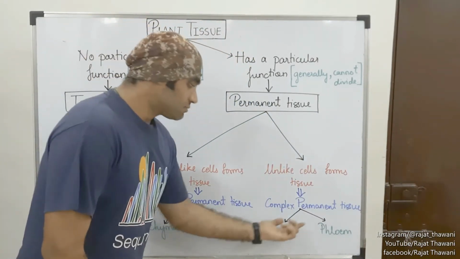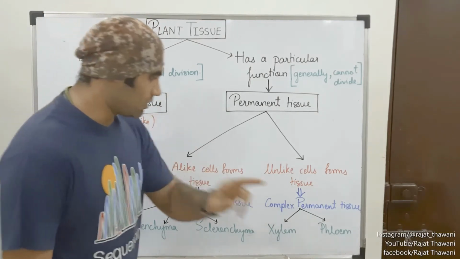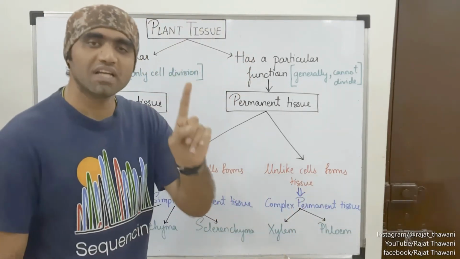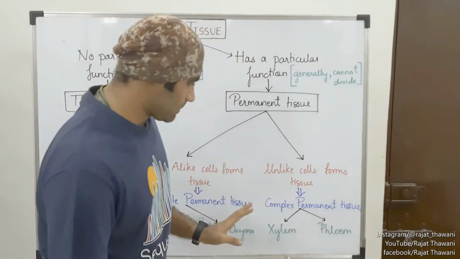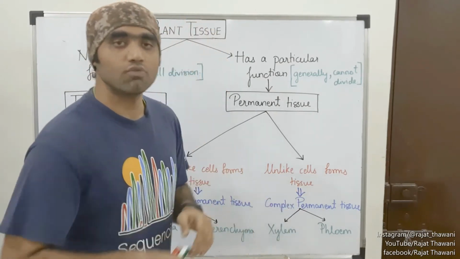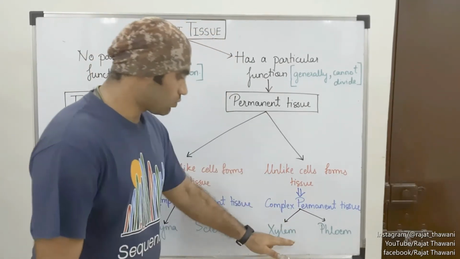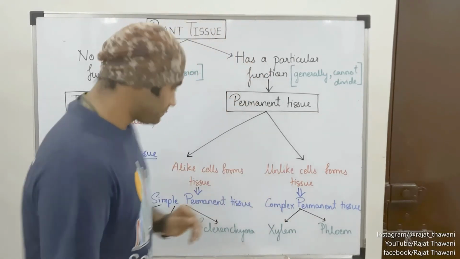Okay, so xylem is a dead tissue. It has only one element which is living, that is xylem parenchyma, while phloem is a living tissue but it has only one element which is dead, that is phloem fibers. Okay, xylem and phloem make up the vascular bundle which is used for translocation of food and water. Okay, so phloem food, xylem water.